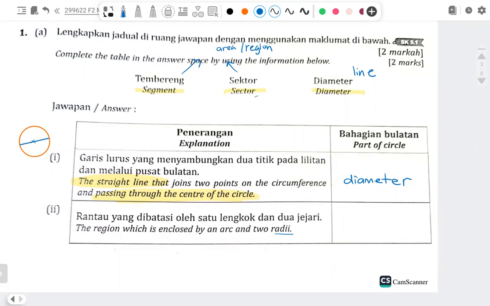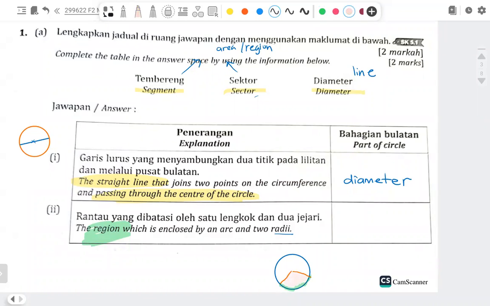Enclosed means covered by an arc and 2 radius. So if I draw it out, it will be like this, covered by 2 radius, then the arc is here. The region means this part.